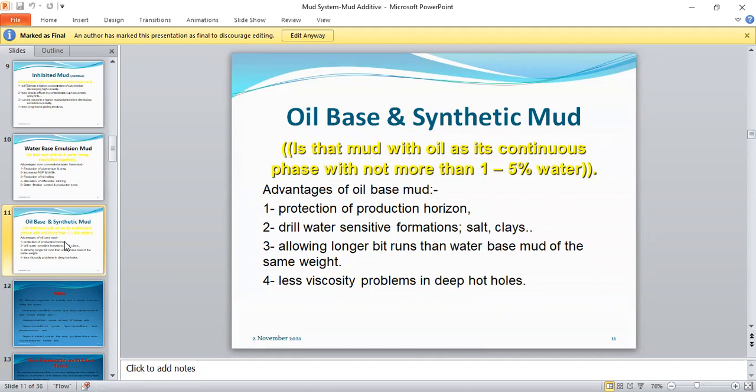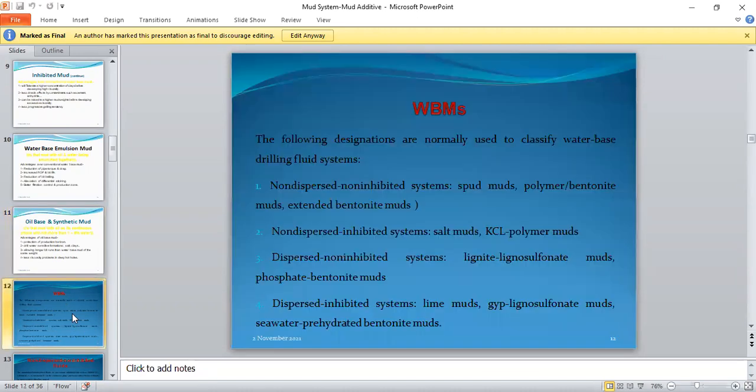You won't have problems with viscosity when you're drilling hot or high-temperature zones. All you need to do is get temperature-resistant chemicals, which are available, to drill that section. So these are the advantages of oil-based mud over the water-based mud system.